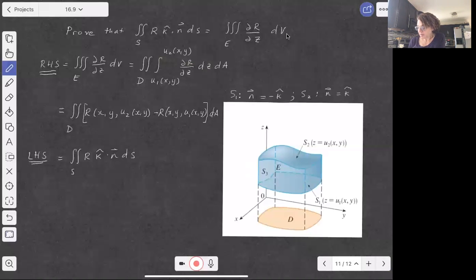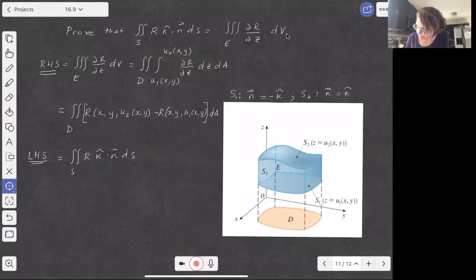And for S3, it points in different directions, but really we don't care, because we know that the normal vector to S3, which is on the side, is going to be perpendicular to k hat. So for that side, the dot product is equal to 0.